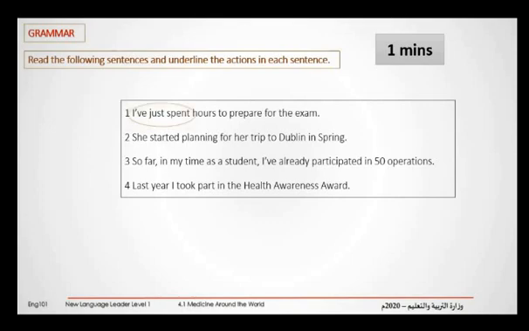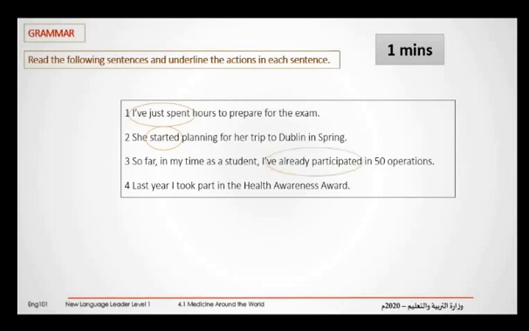Number 1, I've just spent hours to prepare for the exam. The action in this sentence is have just spent. Number 2, she started planning for her trip to Dublin in spring. The action in this sentence is started.